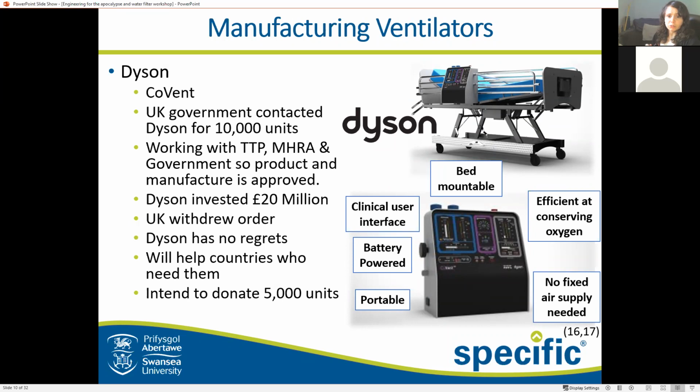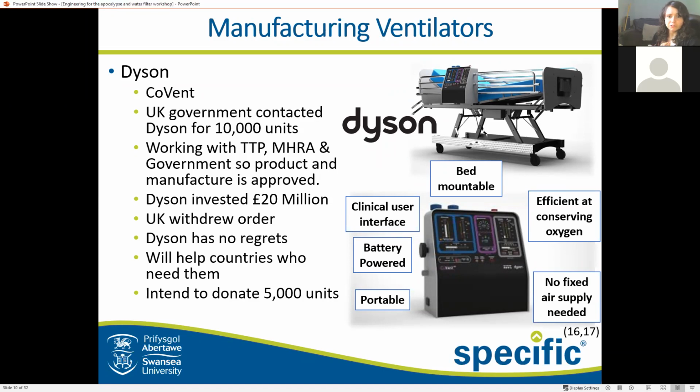It was designed by Dyson with the help of TTP and outside experts from medical and healthcare product regulatory agencies such as MHRA, as well as the NHS. So all of this was created with the user and the actual operators in mind.